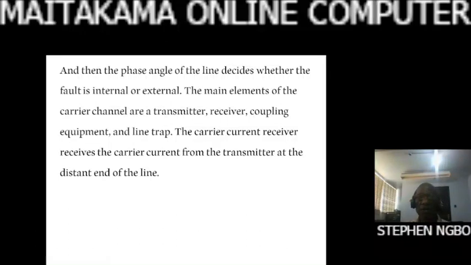And then the phase angle of the line decides whether the fault is internal or external. The main elements of the carrier channel are transmitter, receiver, coupling equipment, and line trap. The carrier current receiver receives the carrier current from the transmitter at the distant end of the line.